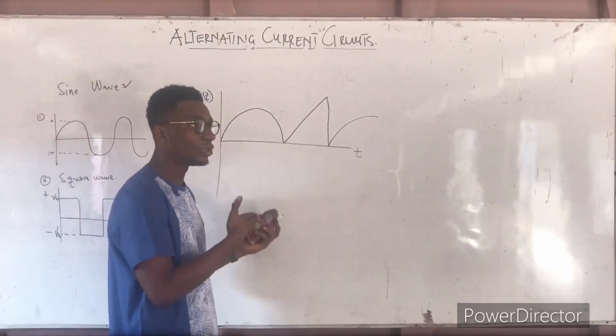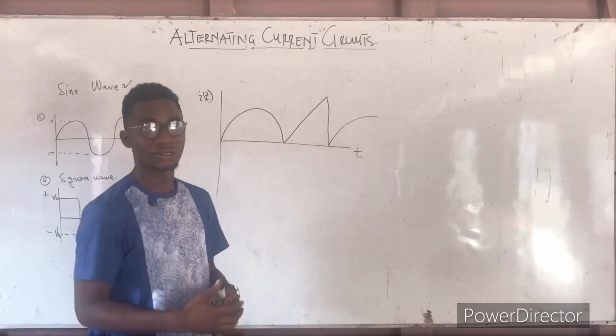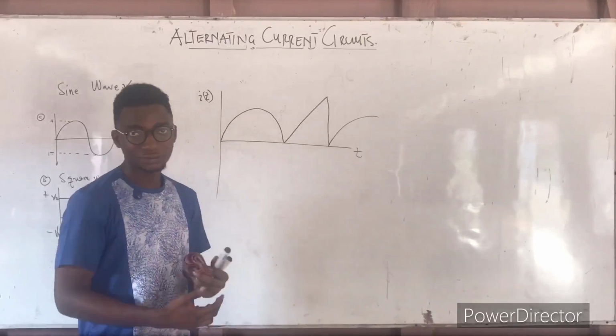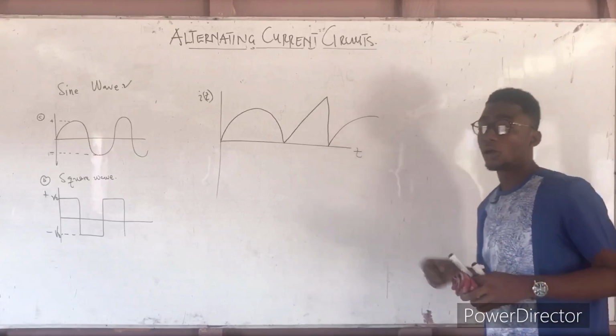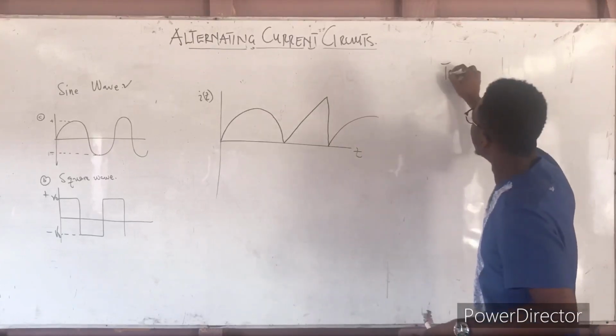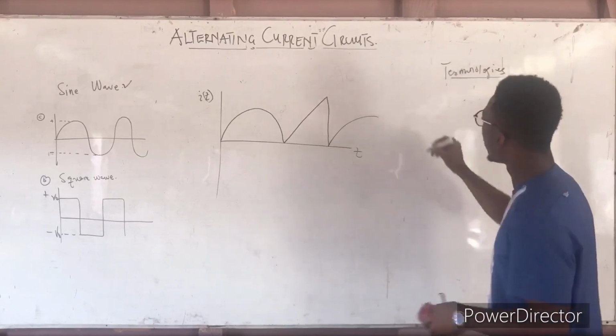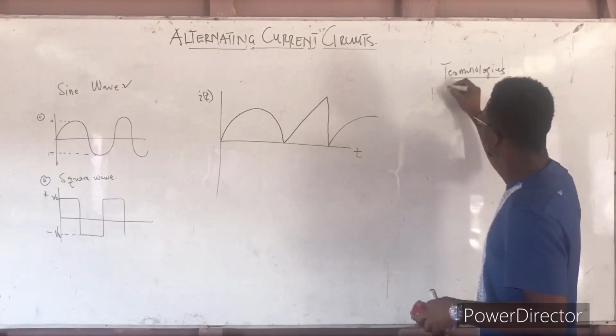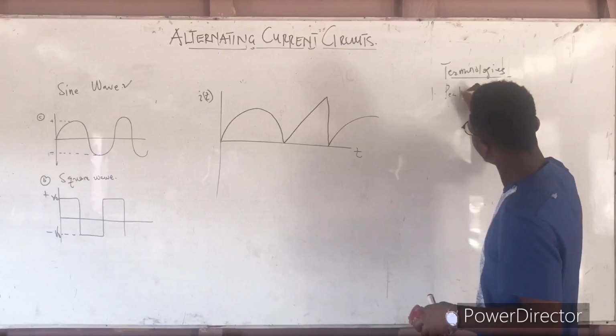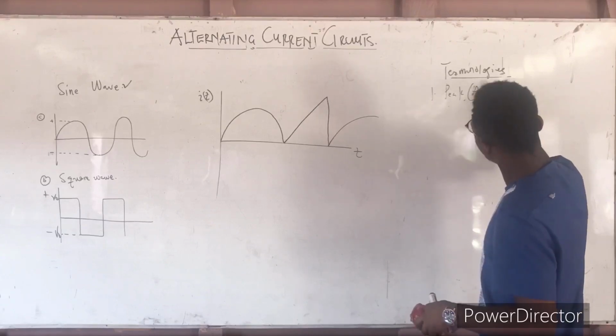So before I come here to explain the parameters of the waveform, let's look at the slides and look at the terminologies in the waveform. Okay, so from the slides, the terminologies we had of the waveform, we had one, the peak or the amplitude.